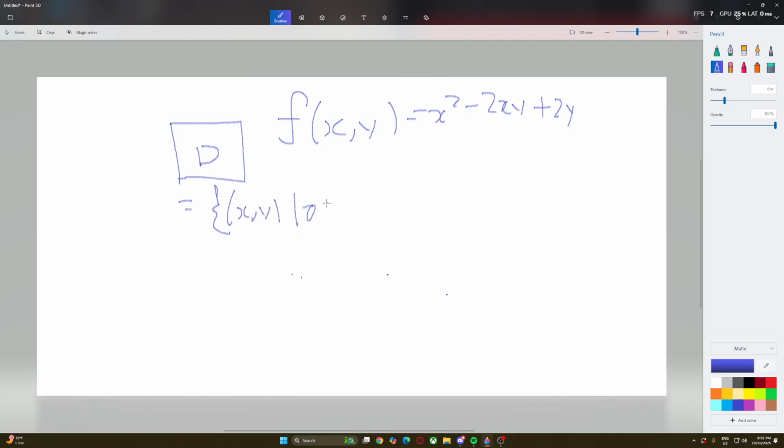Find the absolute max in the function on rectangle D. This is D, and it's equal to... oopsies, that's not supposed to be there.